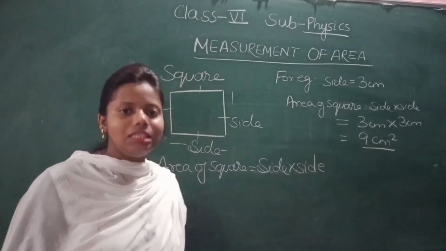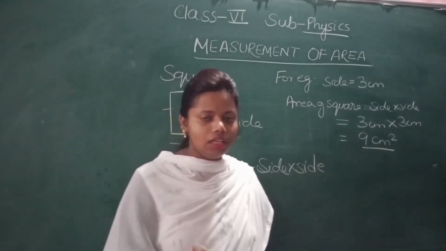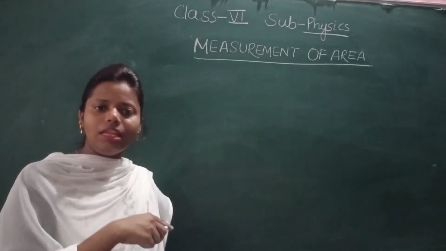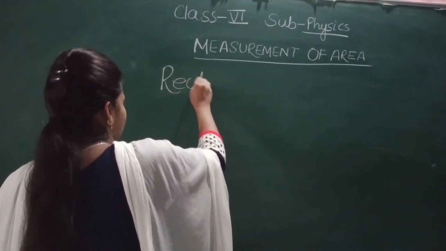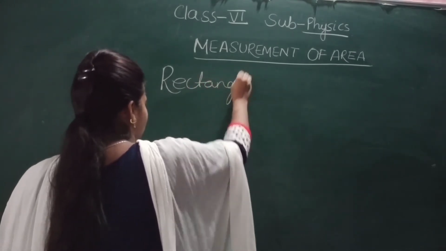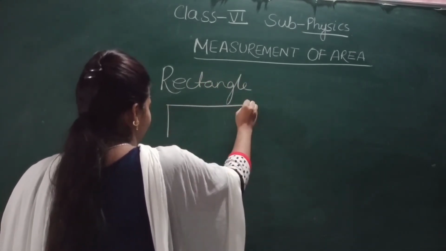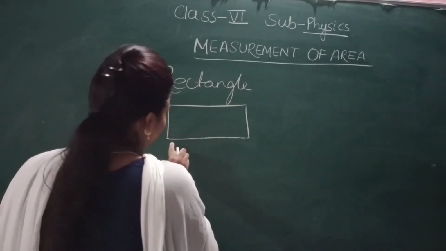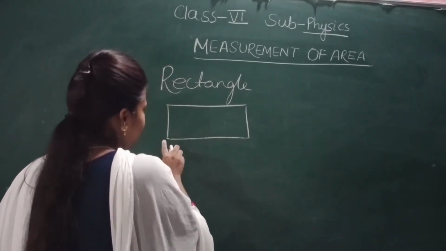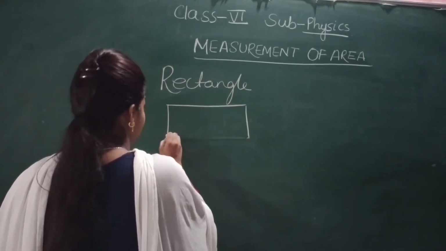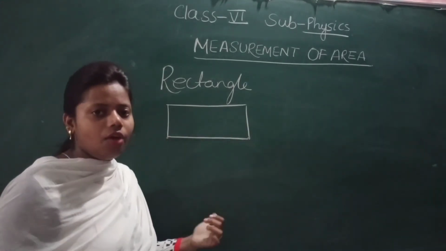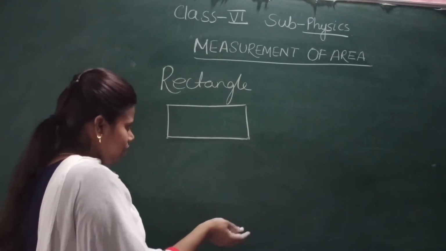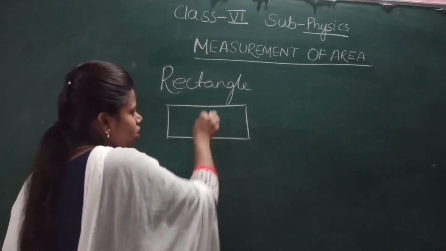Now let's see how to find the area of a rectangle by using the formula. I have made a rectangle shape. In a rectangle we know that opposite sides are equal.